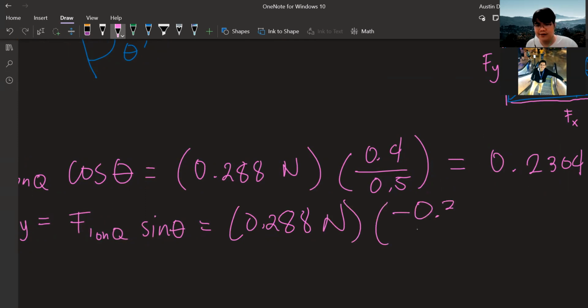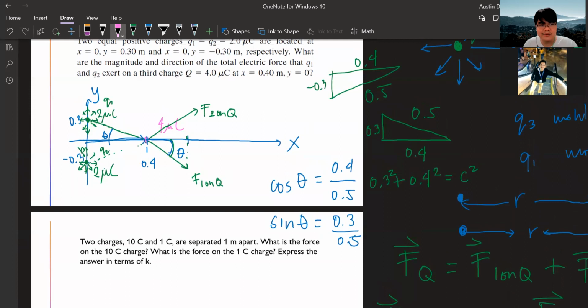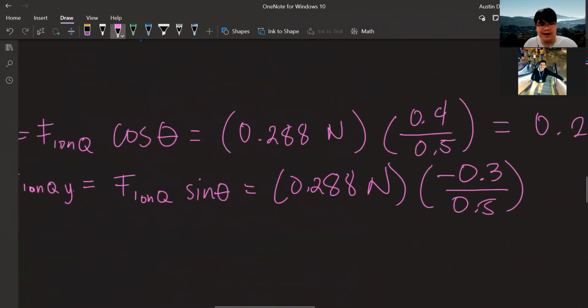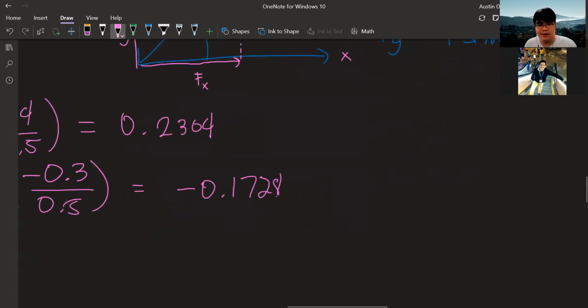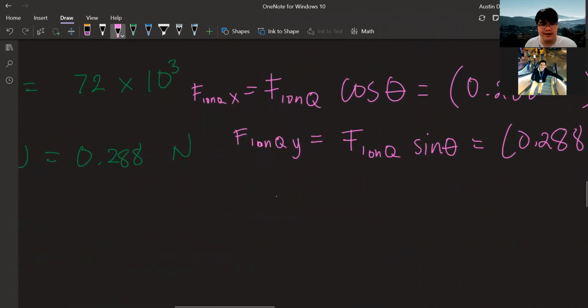Then, we have to use negative 0.3 over 0.5 kasi mapapansin nyo, sabi ko nga, nakababa yung negative 0.3 na gagamitin mo. Nandito siya sa baba. And it makes sense na downward yung Fy dapat mo, di ba? So, this is negative 0.1728. Okay? So, that's the other one.